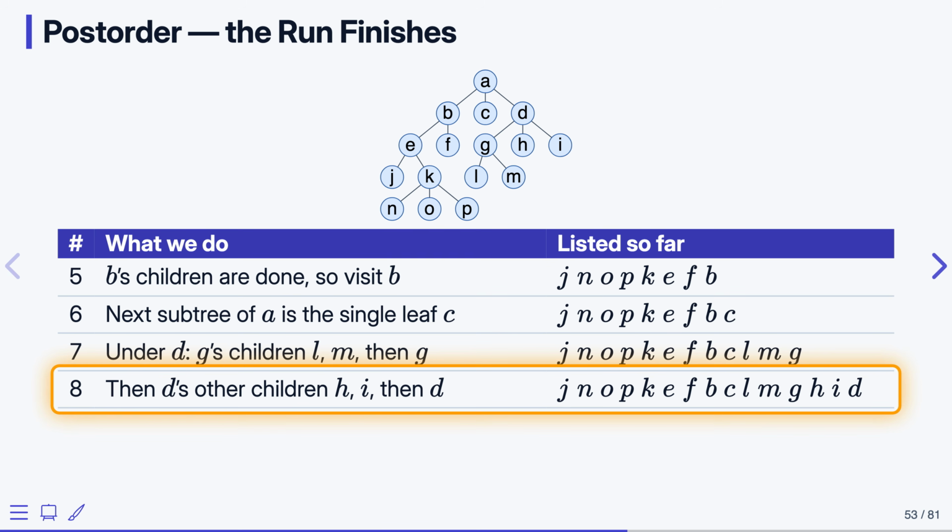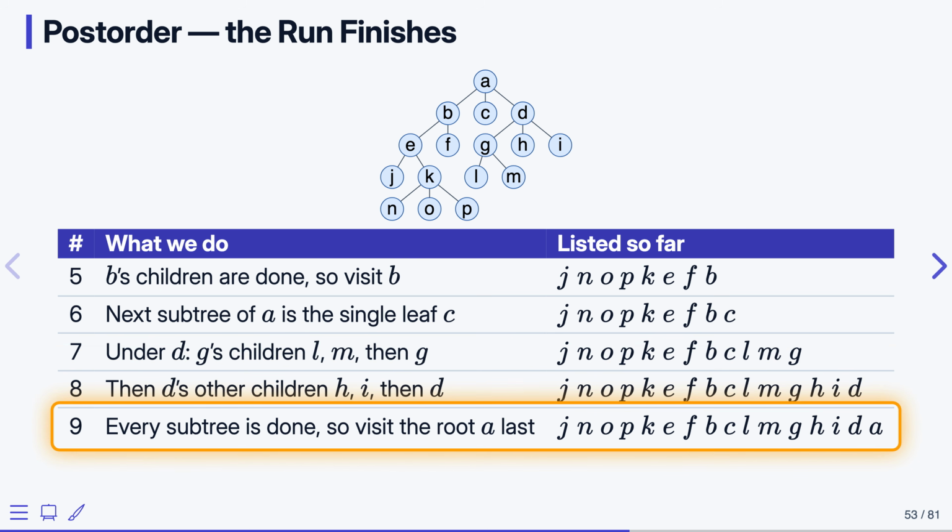Then D's other children, H and I. Now all of D's children are done, so we visit D. Step 9. Every subtree of the root is finished, so at last we visit A. Did you guess? The root comes very last, and that is the signature of Postorder. The full order is J, N, O, P, K, E, F, B, C, L, M, G, H, I, D, A.